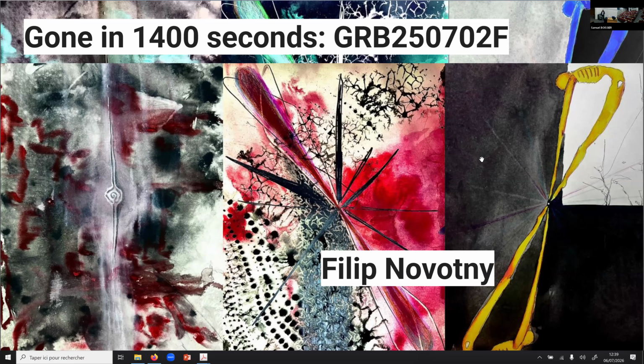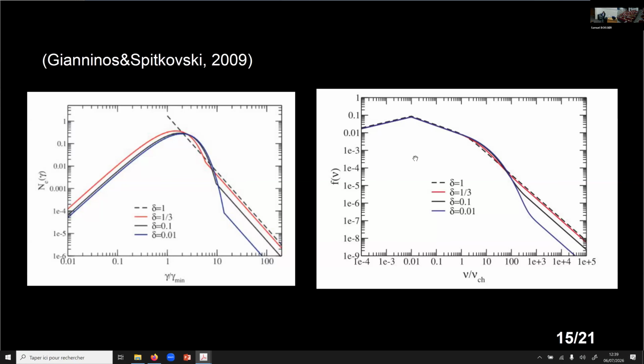But as none of my supervisors and collaborators from Italy are here, I decided to talk about this exciting GRB that we detected recently, and published in Astronomy and Astrophysics. So, as most of you know, the distribution of electrons within GRB afterglow is usually described by this simple power law.